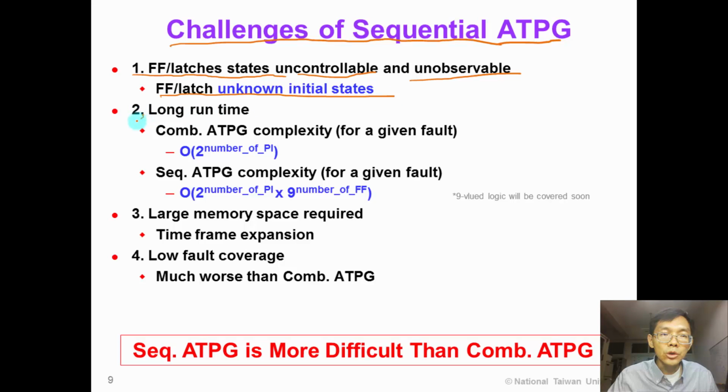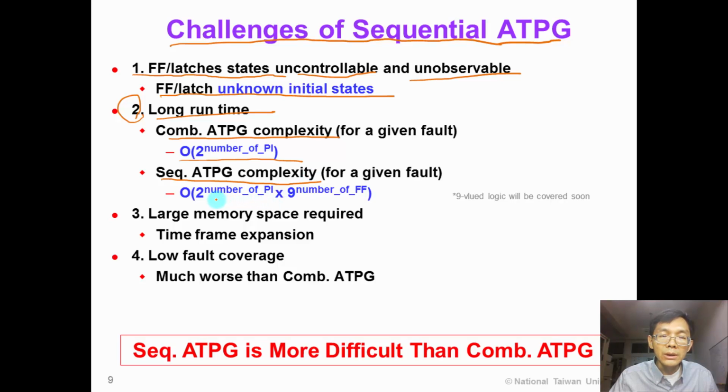The second issue is very long runtime. For combinational circuits, we know that the worst case complexity for a given fault can be 2 to the power of the number of primary inputs. For sequential ATPG, the complexity is even higher.